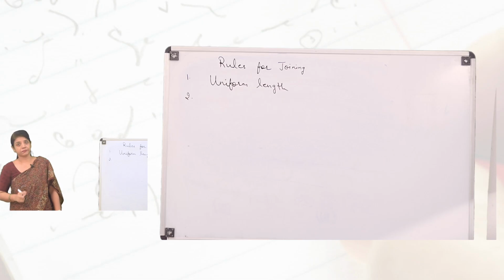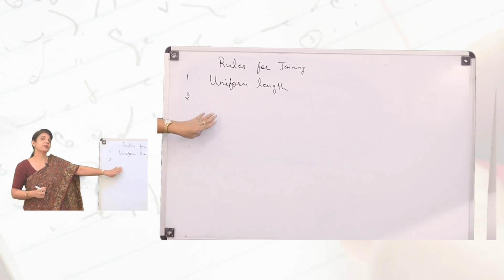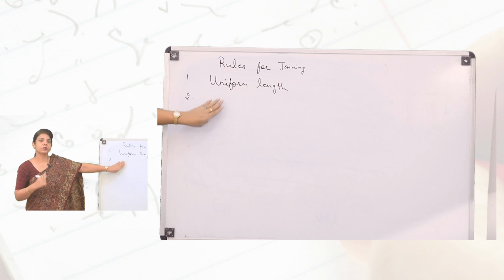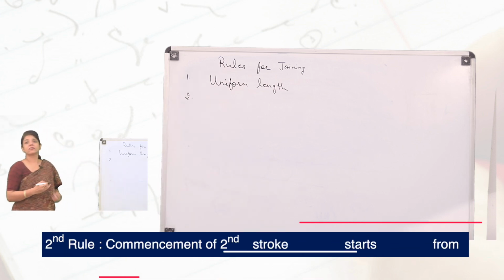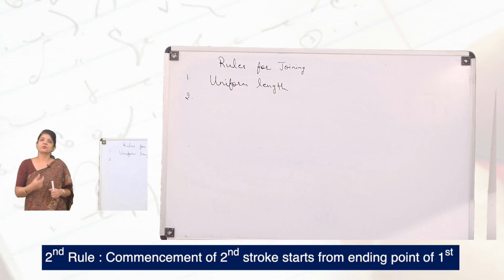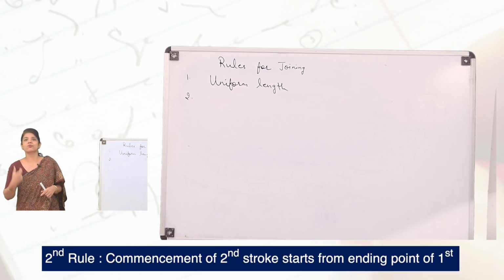Now second, please understand this very, very carefully, because the joining is actually based on this. The second rule says that the commencement of the second stroke begins from the ending point of the first.